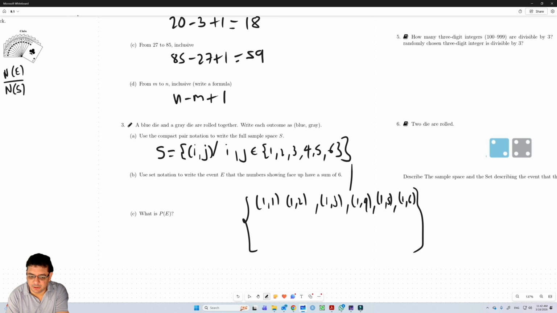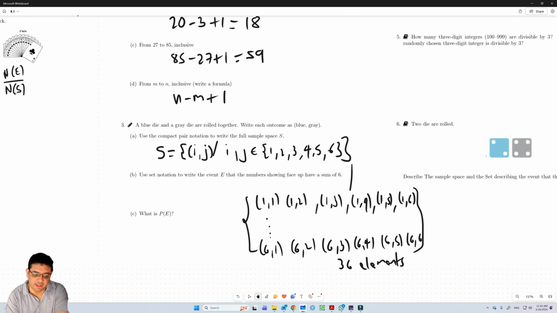And then we'll continue going down until we reach 6,1; 6,2; 6,3; 6,4; 6,5; and 6,6. So there's a total here of 36 elements. 6 in i, 6 in j.